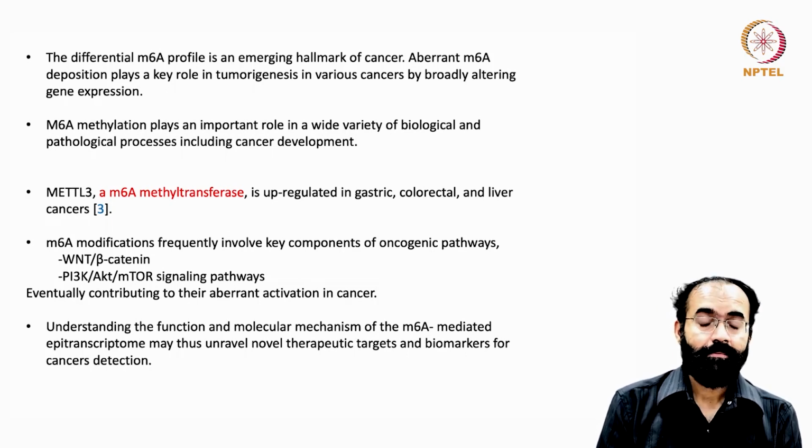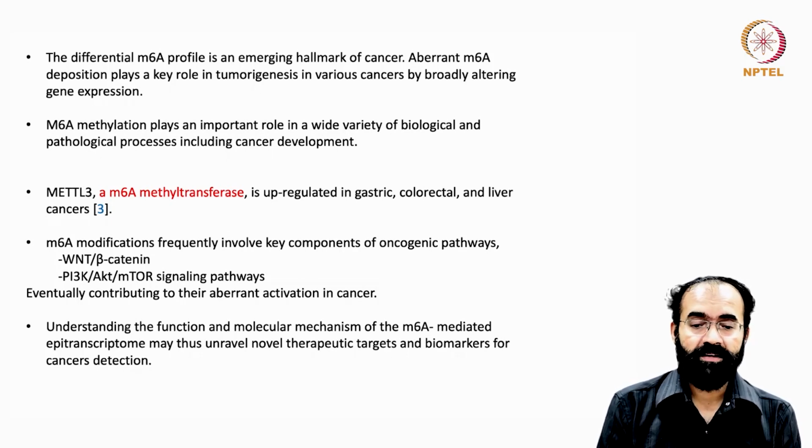M6A methylation plays an important role in a wide variety of biological and pathological processes, including the formation of cancer. One example, one of the M6A methyltransferases, METTL3, is upregulated in gastric, colorectal and liver cancers.